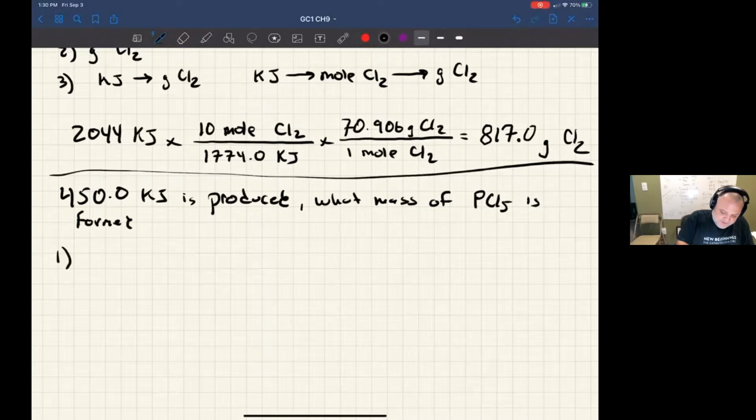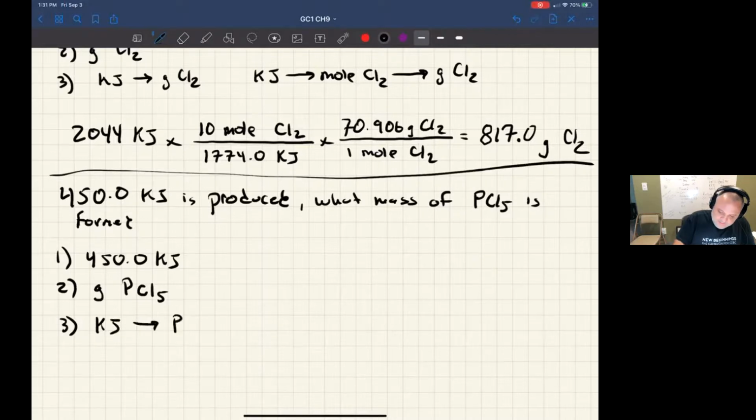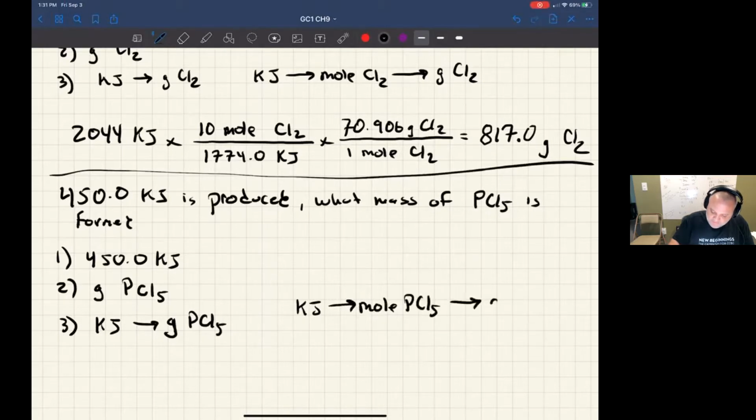So what am I given? I'm given 450.0 kilojoules. I'm asked for the mass of PCl5. And so the plan in this case is to go from energy to mass of product. So I need to go from kilojoules to moles of product, PCl5, and moles of product to mass of PCl5.